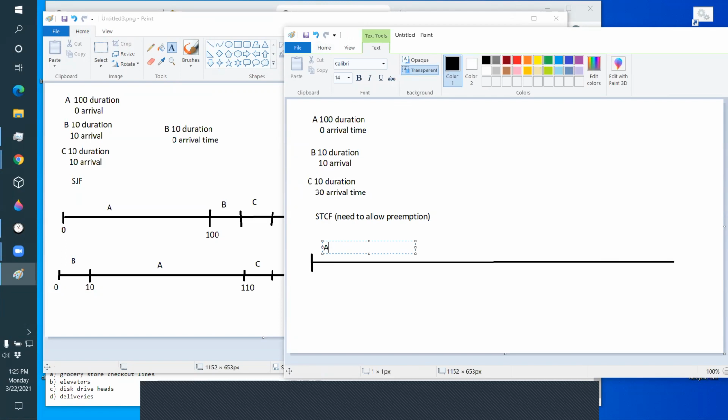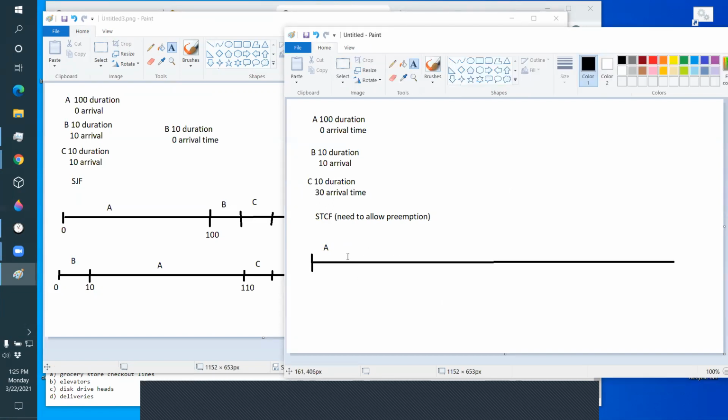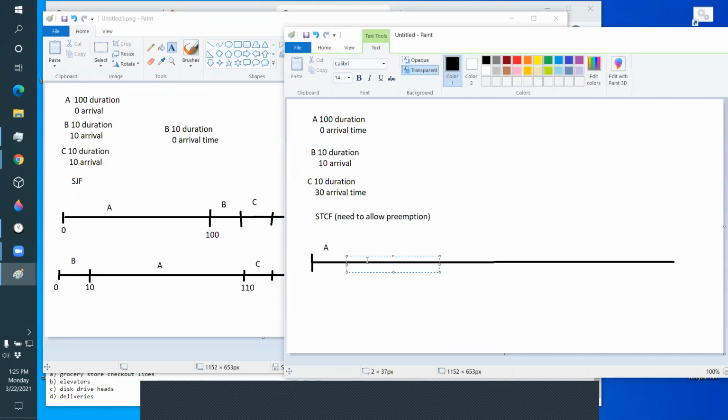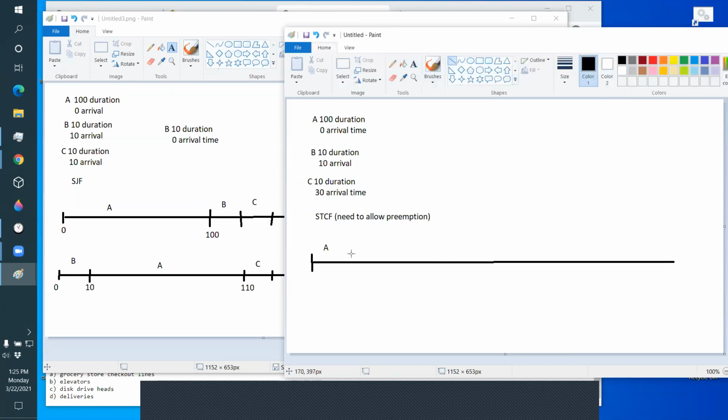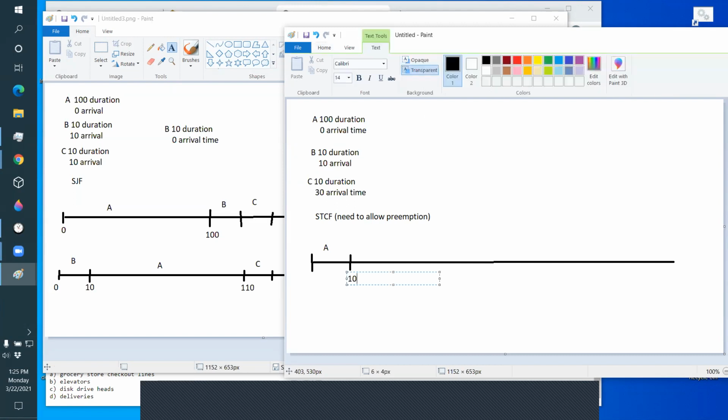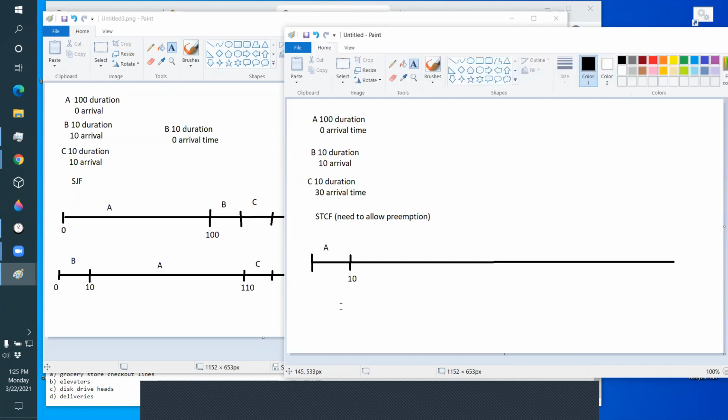But then at time 10, a new job arrives. Now we have to make a scheduling decision. Should we stick with A, or should we go to the next job?